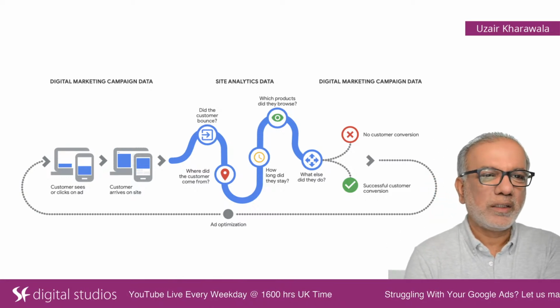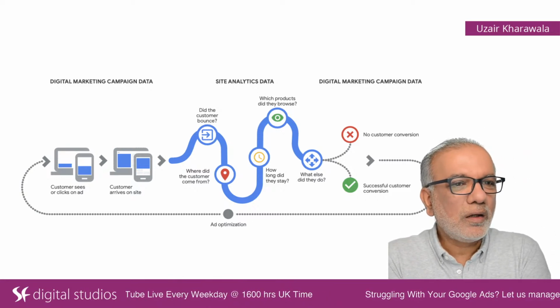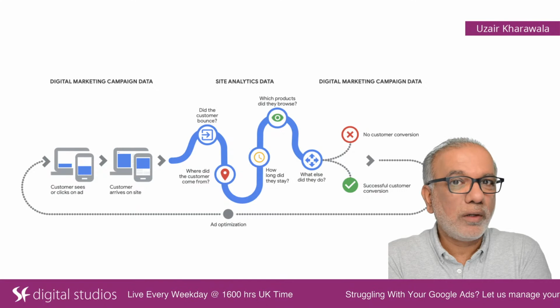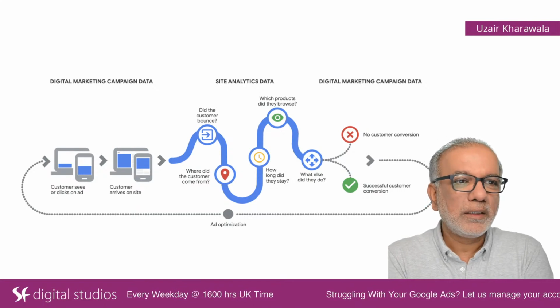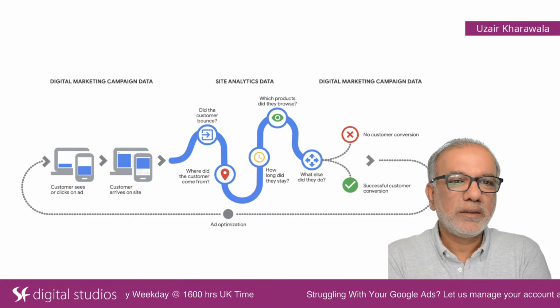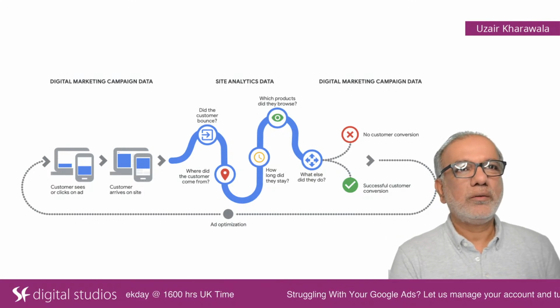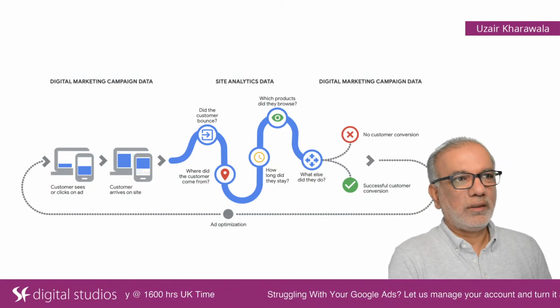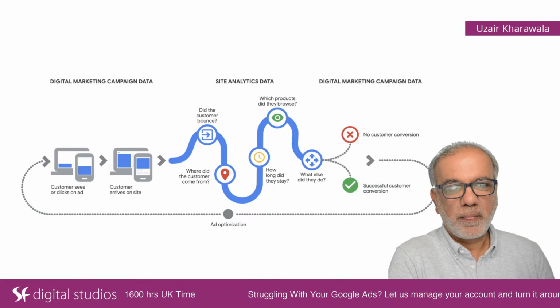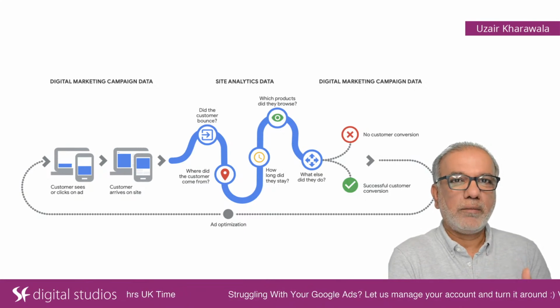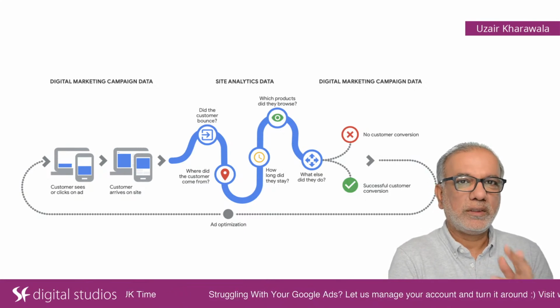So I would highly recommend that you first of all link your analytics, and then start to make some audiences, put them in, and you can also select any number of audiences in Google Ads and set them up as an observation to see what's happening.